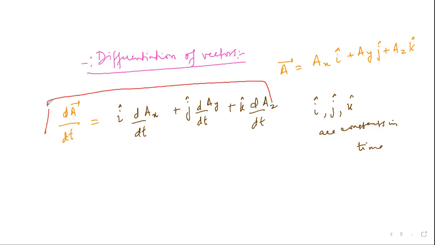This is how I differentiate a vector. That means if I have a vector given and I find dA by dt, that is also a vector, but that vector will have components as the derivatives of the components of the given vector. See, dAx by dt is the component of this vector, and that is the derivative of the component of A, right? This is how we differentiate vectors.